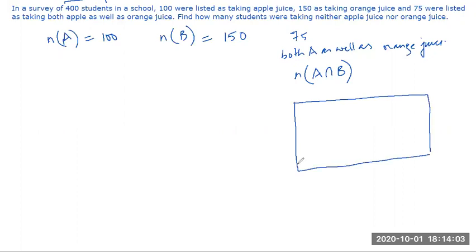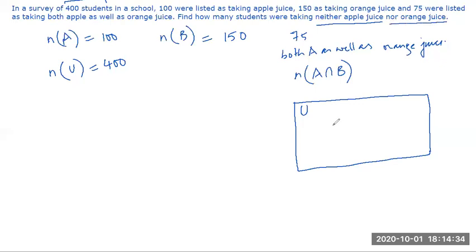This is 400 students, so this is the number of elements in the universal set. This is your universal set, which has 400 members. Am I right?